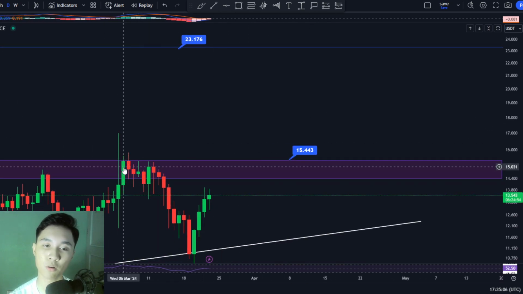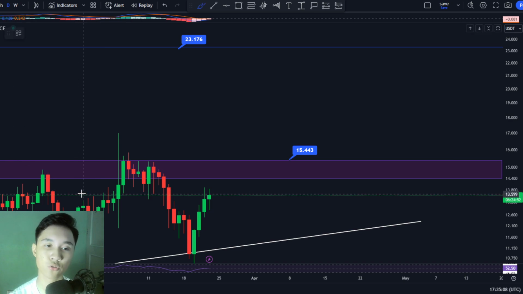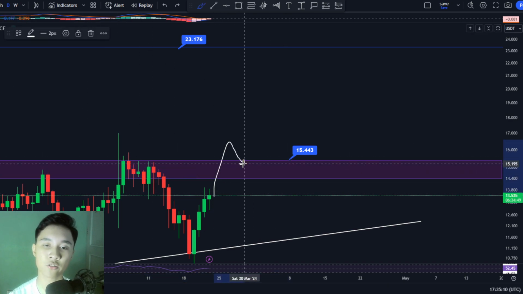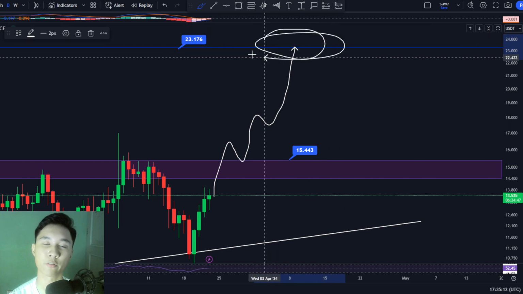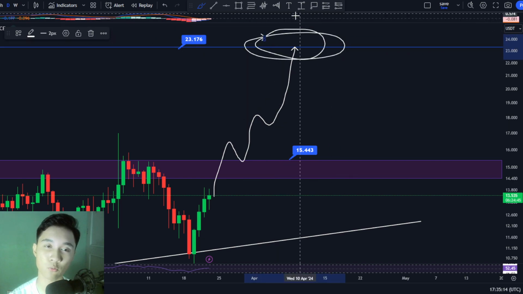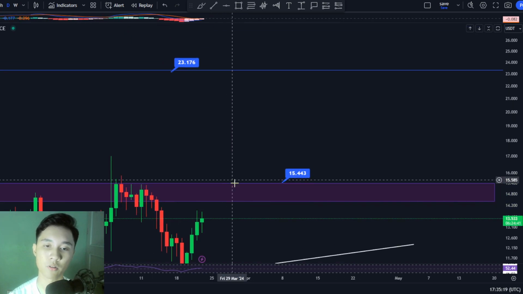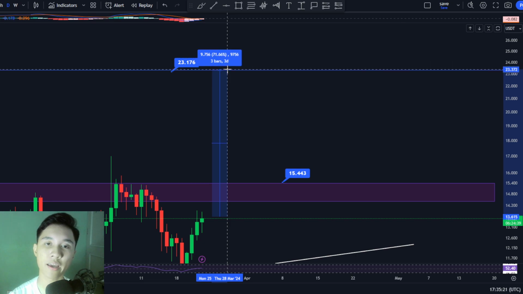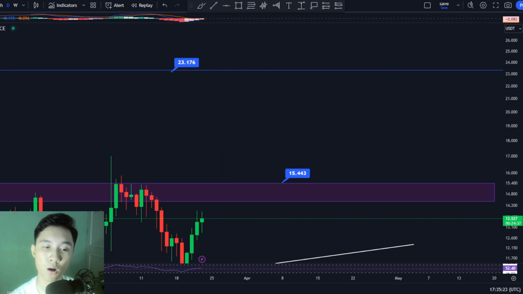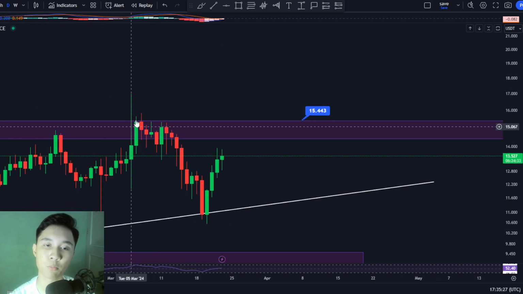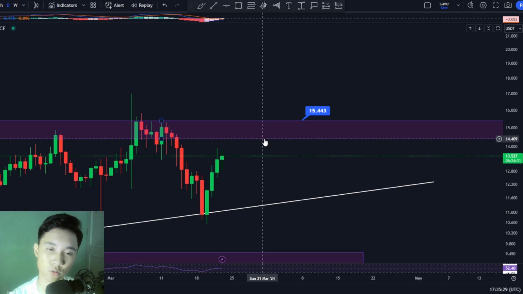So if we do break above resistance right here, which is a blue zone, we could move to the next target essentially at $23, which from the price right now would be a 70% pump towards the upside. And that is if we do meet the confirmation of breaking above this resistance at $15.4.